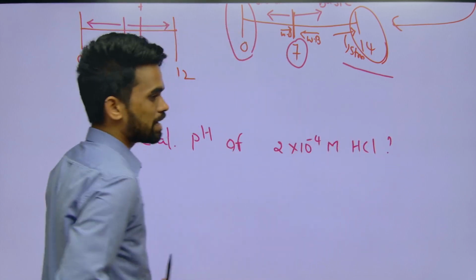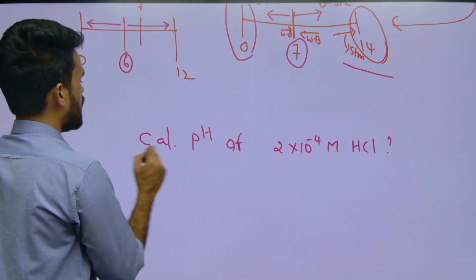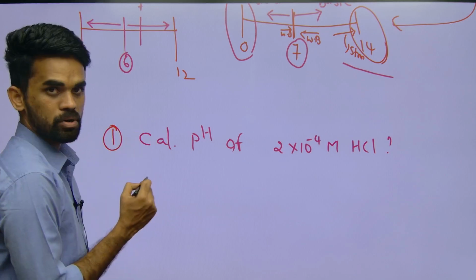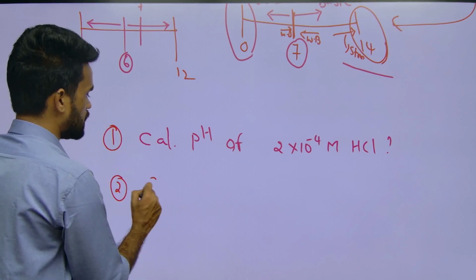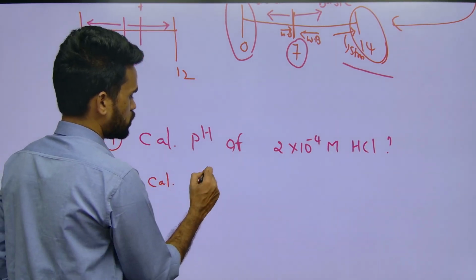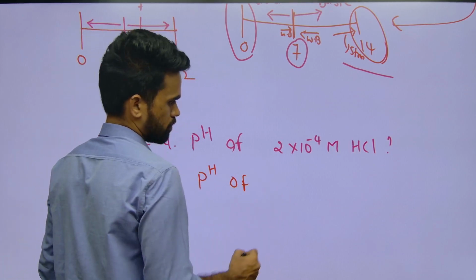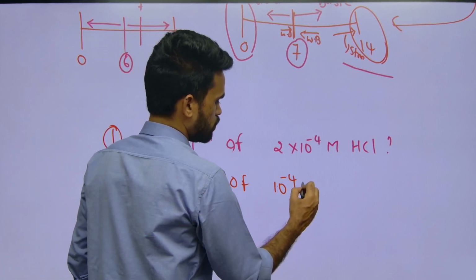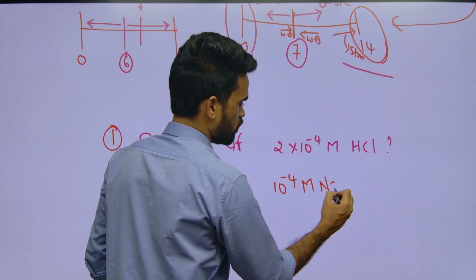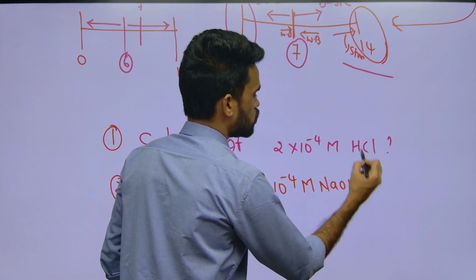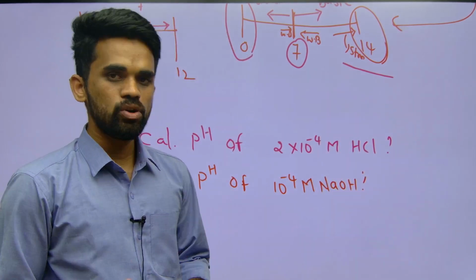How can you calculate this? Do this and mention your answer in the comment box. Second question: calculate the pH of 10 power minus 4 molar NaOH. Do these 2 questions and let me know your answers in the comment box.